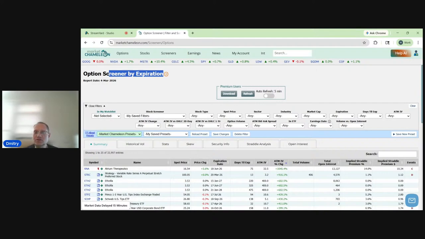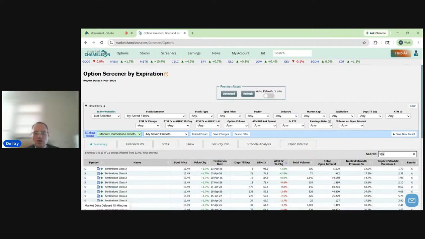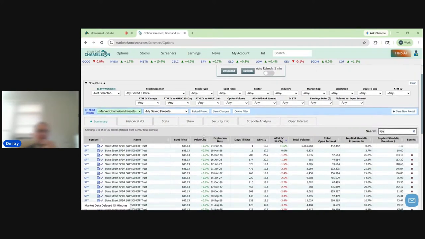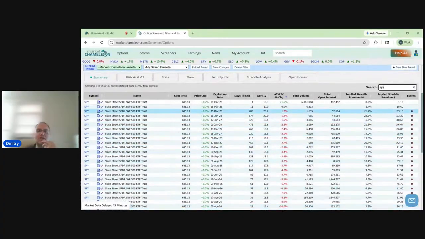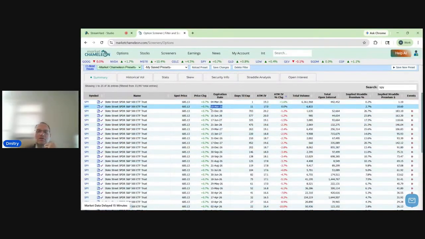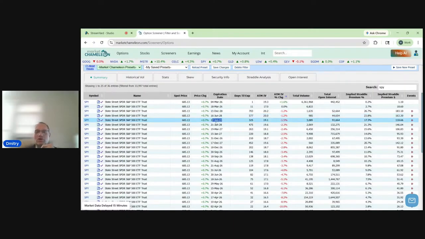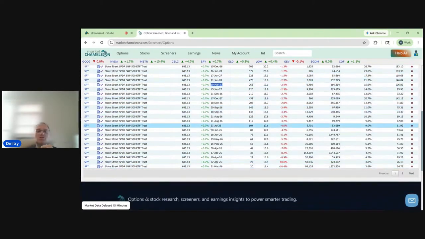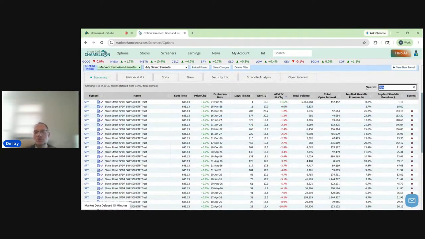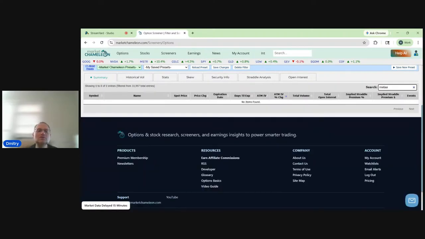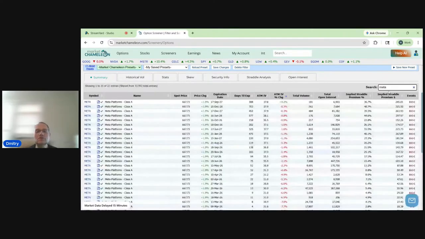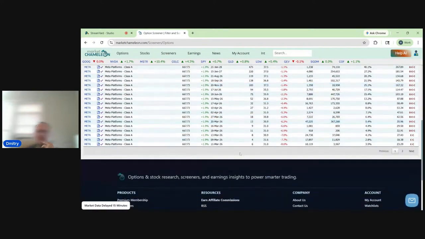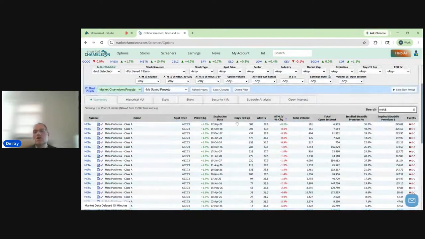So for example, if I do a search here and type in SPY, what you see is now we have all these SPYs and the analysis for the different available expirations that are available to trade in SPY. This here SPY has a lot of expirations. If you type in, like, say, Meta, now you have Meta's different expirations available.